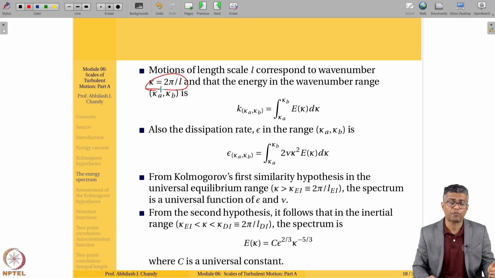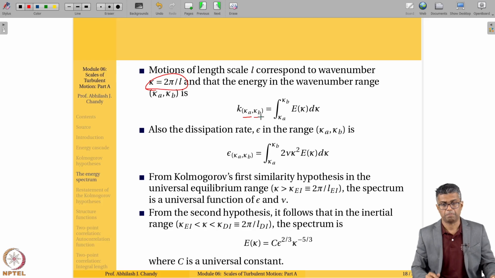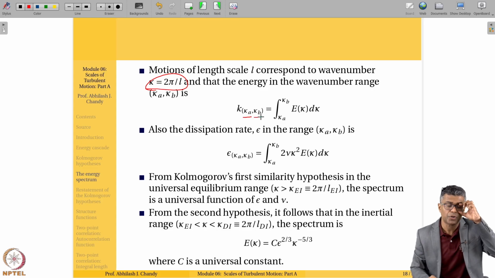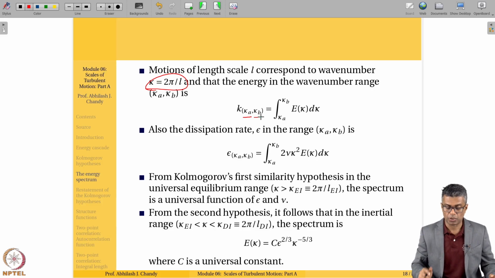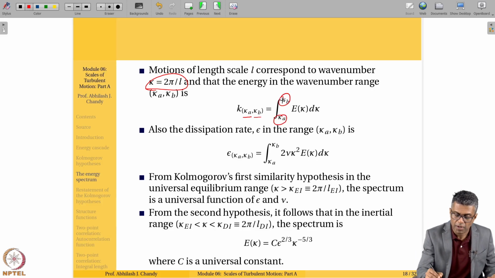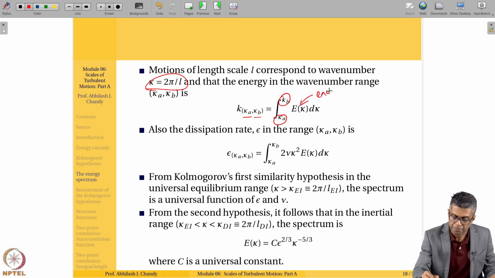So if I want to find out the turbulent kinetic energy in the wave number range of kappa_a to kappa_b, I have to integrate the energy spectrum across that range. That is the integral from kappa_a to kappa_b of E(kappa) d kappa. E(kappa) is the energy spectrum.